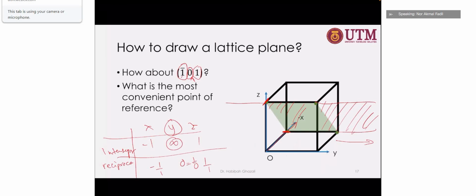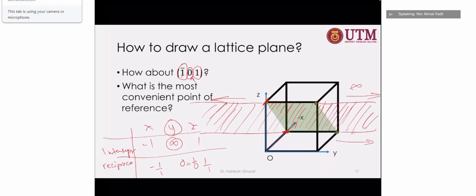So this plane, if we draw continuously, is parallel to the y direction, the y axis. Because this is a repeated structure, the plane is long range in the y direction, so it will be continuous. So this distance is infinity.